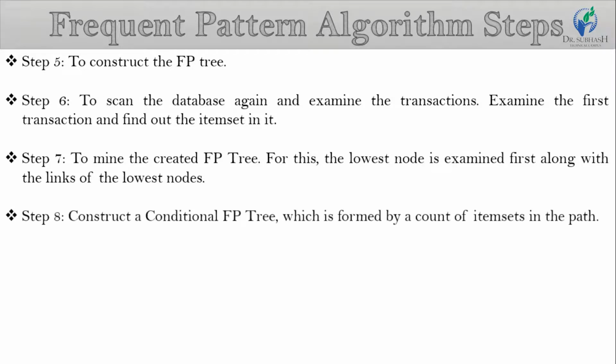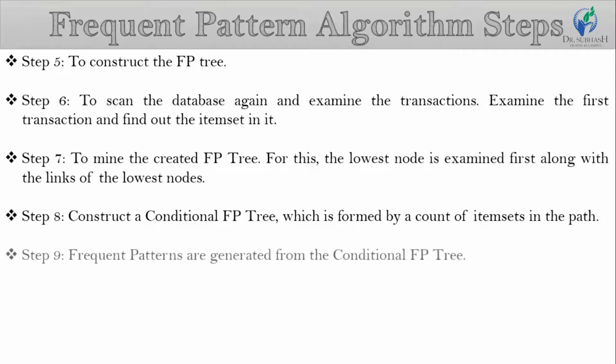The next step is to construct a conditional FP tree, which is formed by the count of item sets in the path. The item sets that meet the threshold support are considered in the conditional FP tree.